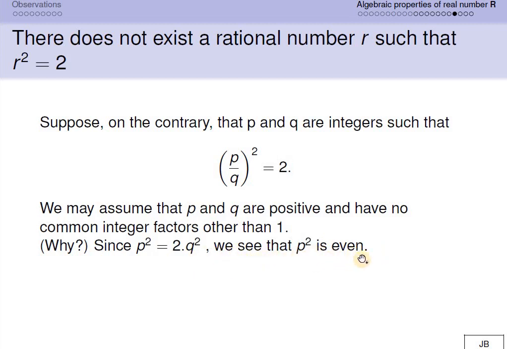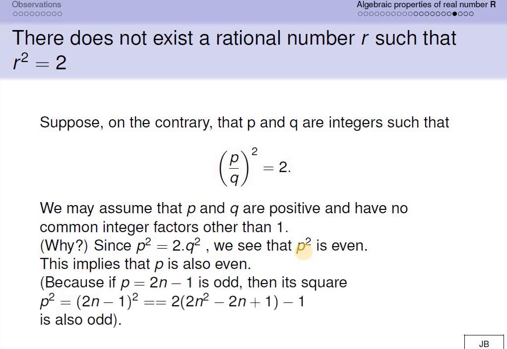So if p square is an even number, I would like to say that p is an even number. This implies p is also an even number. Why? Because if p is not an even number, then its square cannot be an even number.